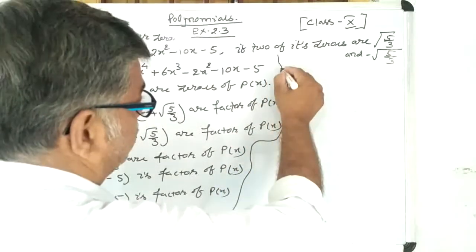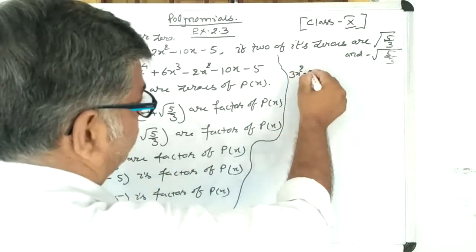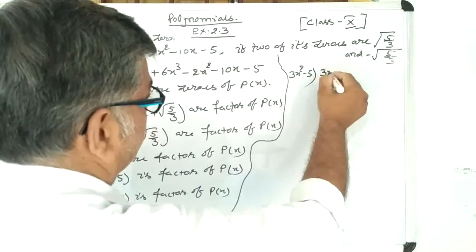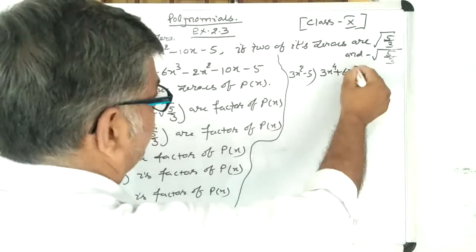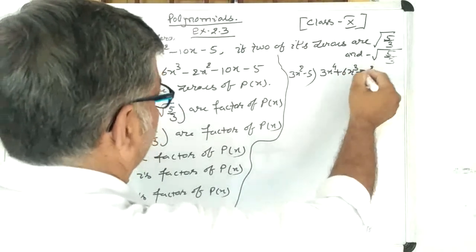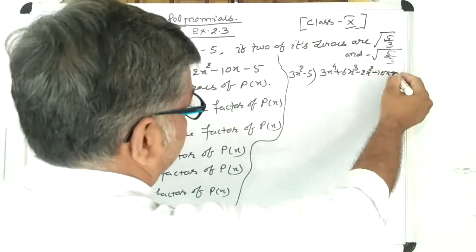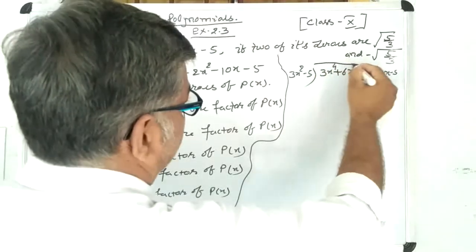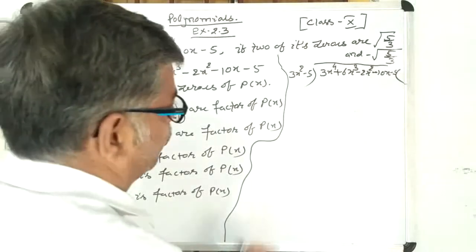So when you divide by 3x square minus 5, you have to divide 3x to the power 4 plus 6x cube minus 2x square minus 10x minus 5, and you write the quotient upward. How many times will it go?